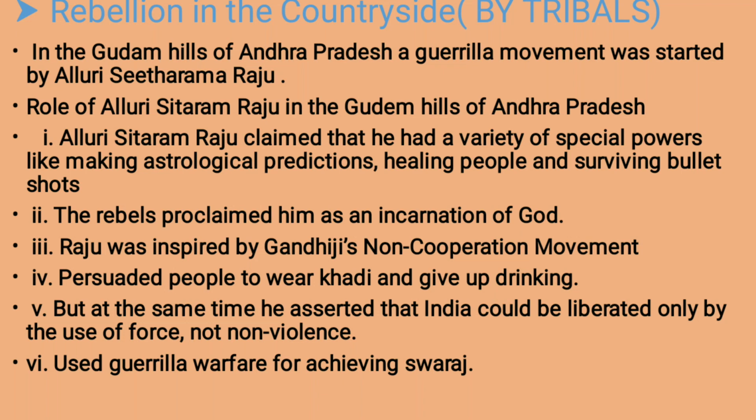This was taken over by the towns. Second, the peasants. The talukdars were facing many problems, but at the last a few people said that Mahatma Gandhi had also declared it for their benefit. Next is rebellion in the countryside by tribals. That is the third topic. What was the impact?